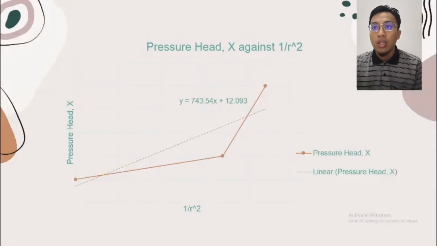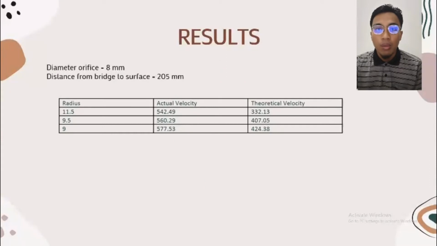Next, based on the orifice diameter of 8 mm and the distance from the bridge to the surface of 205 mm, the table shows the comparison between the actual and the theoretical velocity that we managed to get by applying the equation to get those actual and theoretical velocities.